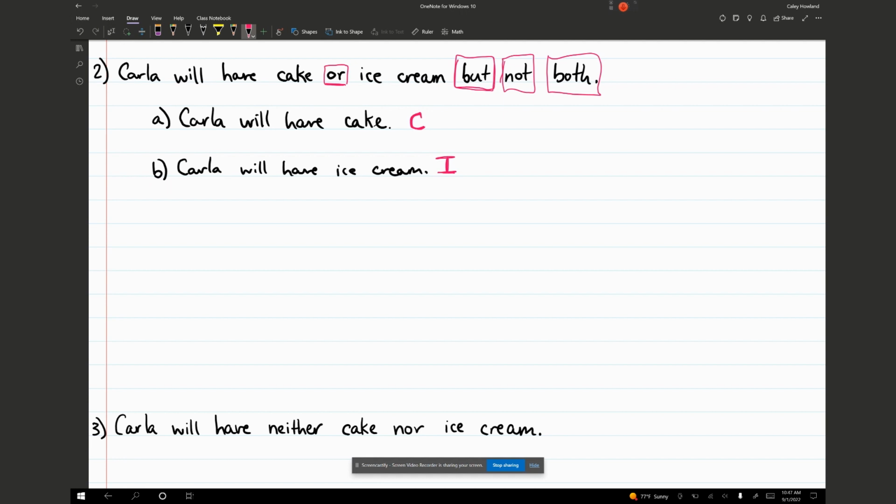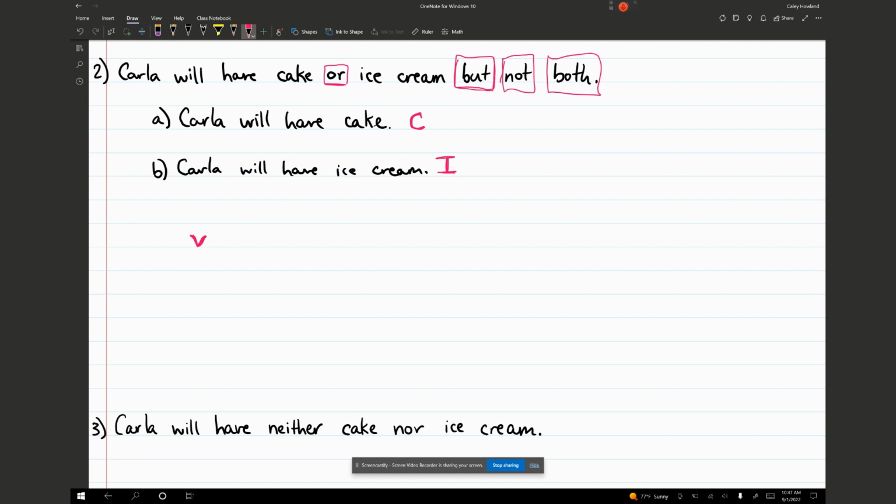So first things first, the easiest thing we can do first is to notice how to translate Carla will have cake or ice cream. So or is just a standard old boring disjunction like this. And we know what sentences or connects.